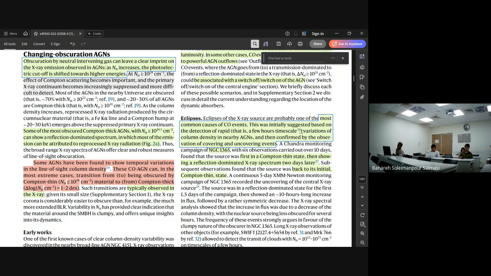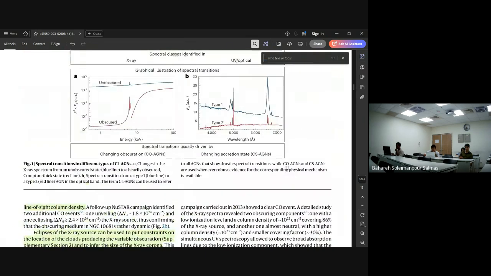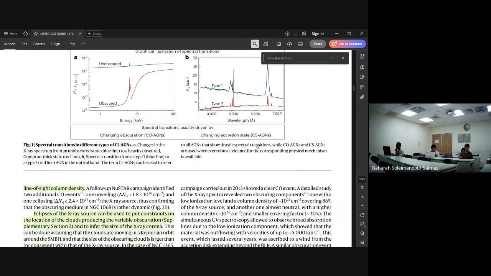So when a dusty or gassy cloud comes into and out of our line of sight, our column density is going to change. And that is what we see with changing obscuration AGN. Here we can see a brief example of the X-ray spectrum from an unobscured state to an obscured state. And then this is the changing state AGN, which I will explain later.